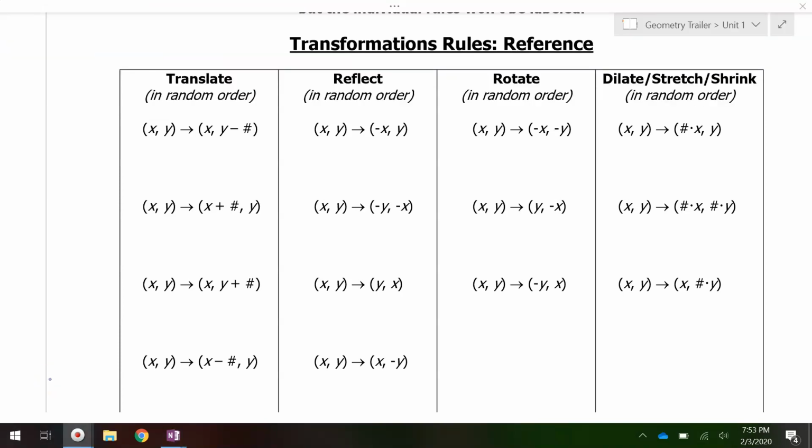Let us begin with the reflections and rotations that we just looked at on the other screen. Let's see. Opposite of x, y, that is a reflection over the y-axis. Opposite of y, opposite of x. That's a reflection over the line y equals negative x.